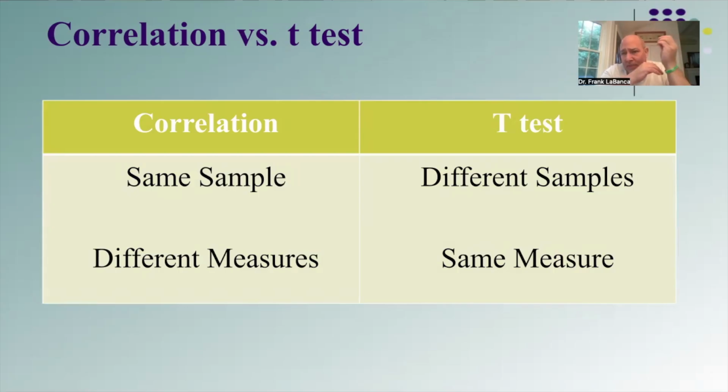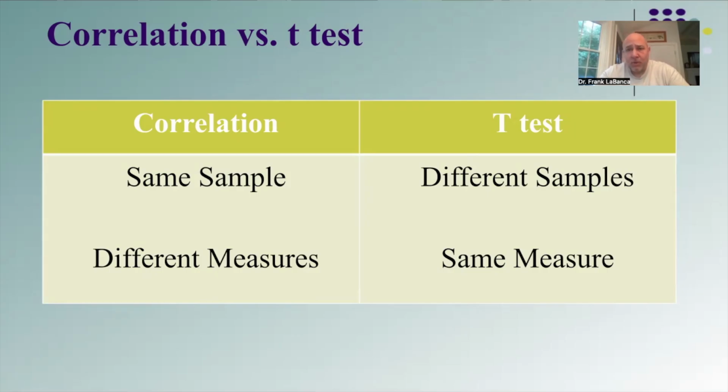Those are the same sample, so you take the same person, or people, and then you do the measure of creativity, and then you do the measure of logical thinking or IQ. So when we have the same samples, that would be something you can correlate. Does this variable relate to the other variable? That's different from a t-test where you have different samples, but the same measure.